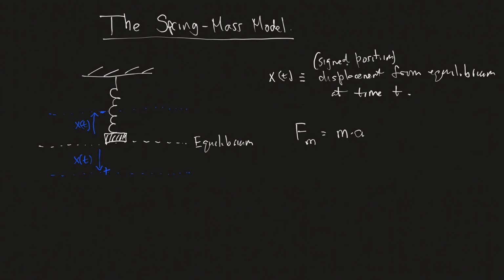And we know that the second derivative of position is acceleration. So instead of writing F equals m times a, mass times acceleration, what I can write is mass times x double prime, or if I wanted to be fancy, I could use my double dot notation, right? So either way, this is the force that's due to the mass.